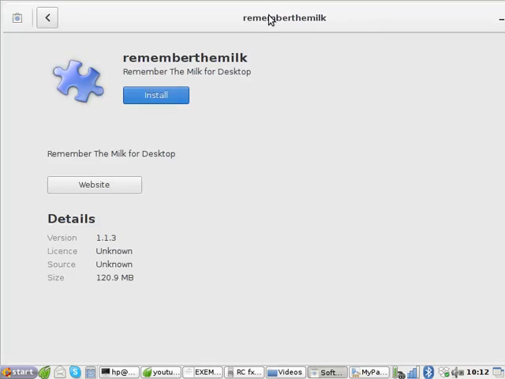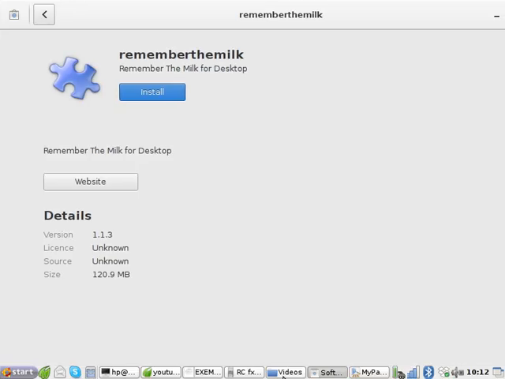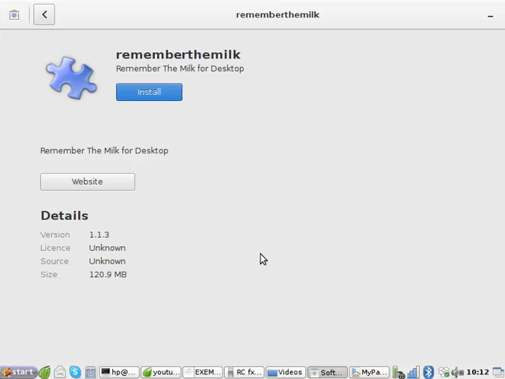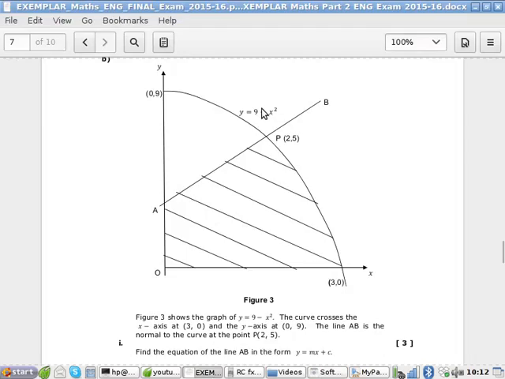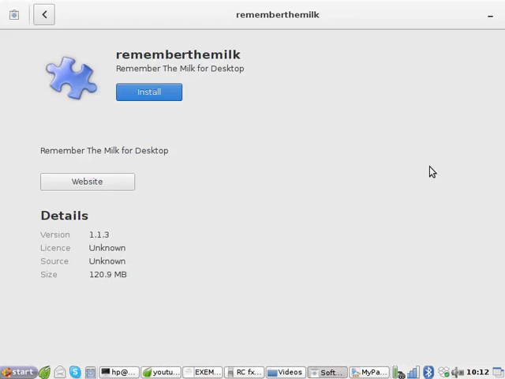What is the value of the... 2, 5. No, for the curve. 9 minus x squared. Do you mean the formula? Y equals 9 minus x squared. But the dy over dx equals, because I want the m. Yep. The m is the dy over dx. Yep. And it's minus 2x. Yep. So I need the x. Yep. It's 2. Yep. And the normal. Yep.